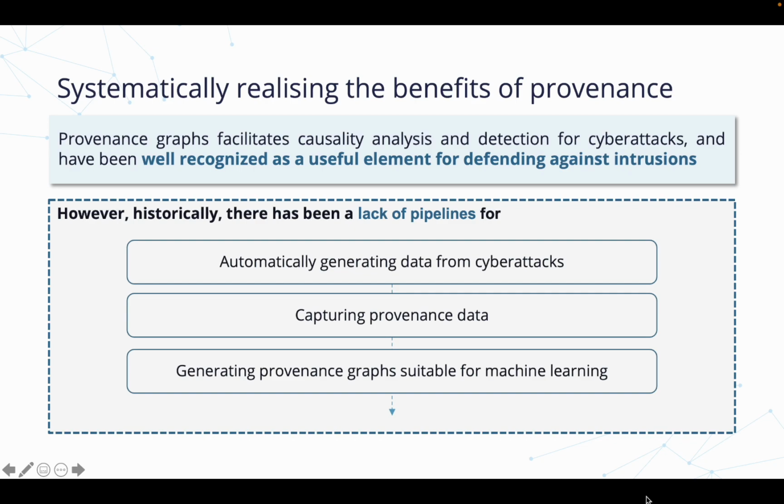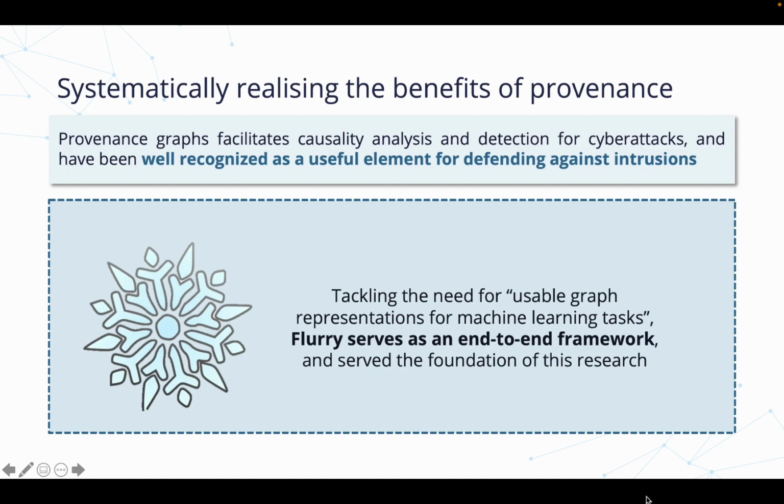However, historically, there has been a lack of pipelines for automatically generating provenance data from cyber attacks, capturing the provenance data, then generating provenance graphs suitable for machine learning. Hence, the Flurry framework was created to tackle the need for usable graph representations for machine learning tasks.